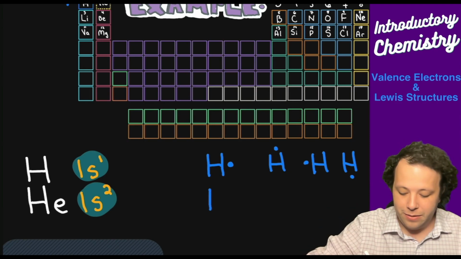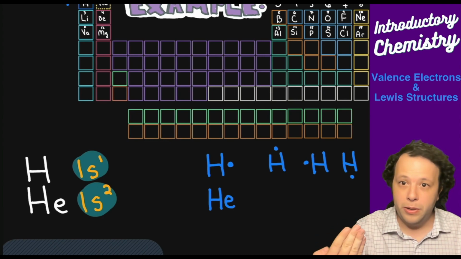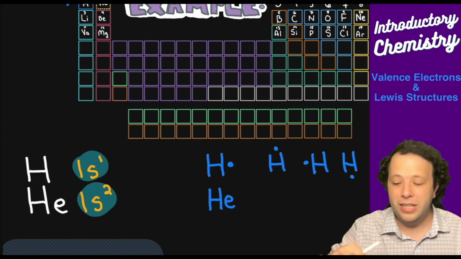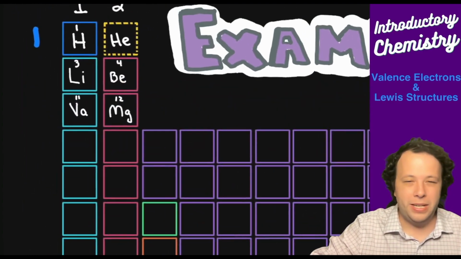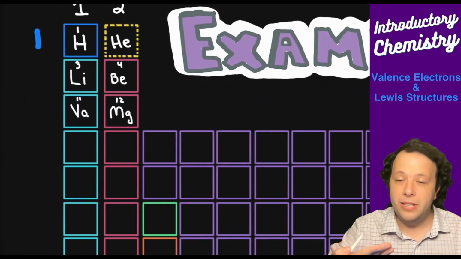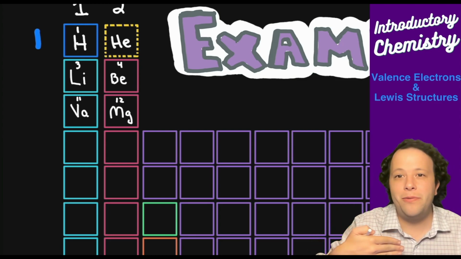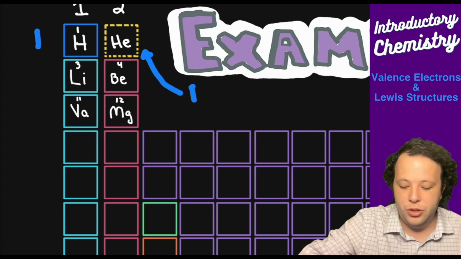Now with helium, it's the same idea. This time we have a complete orbital for helium, meaning we have 2 electrons. It has a complete level, right? Remember this, even though I wrote it in the little dashed lines up here, this is like a noble gas, meaning that it is happy. It's fulfilling what we refer to as, for this one, the duet rule.